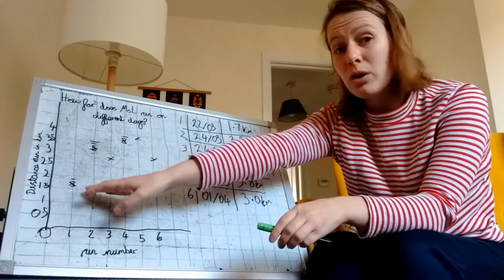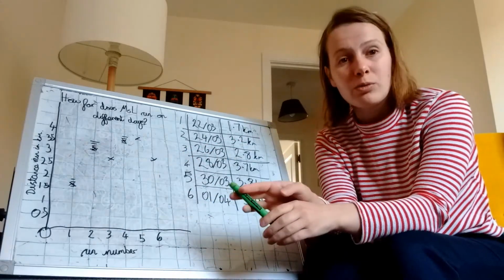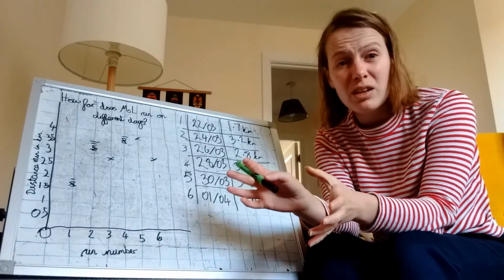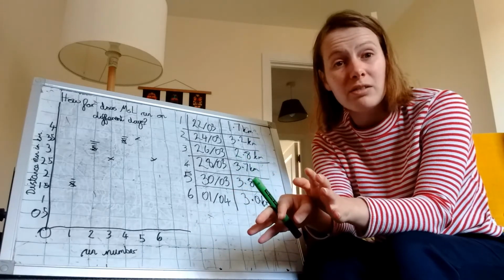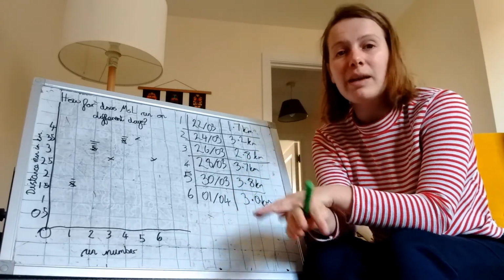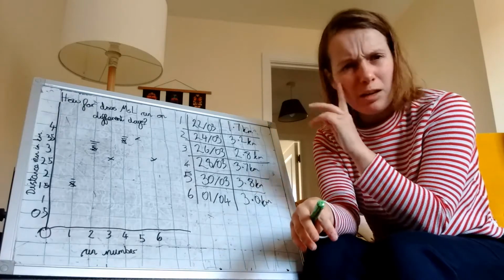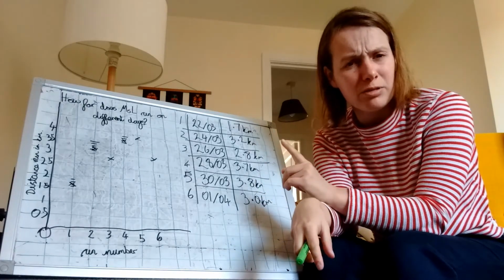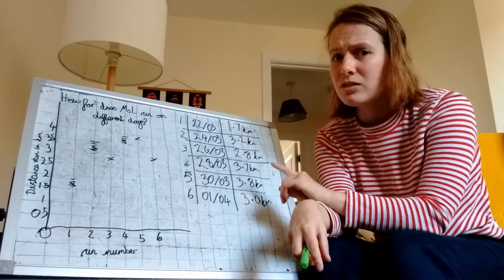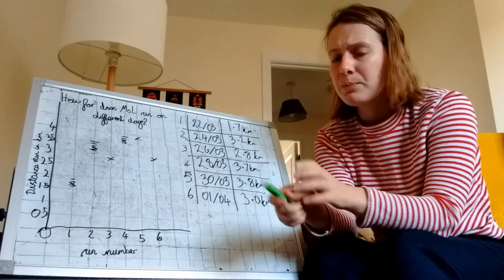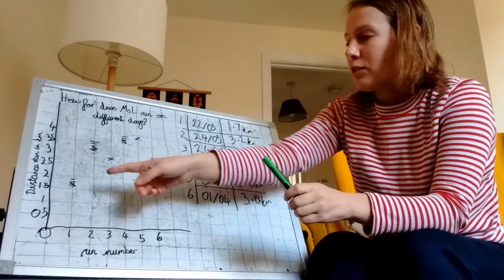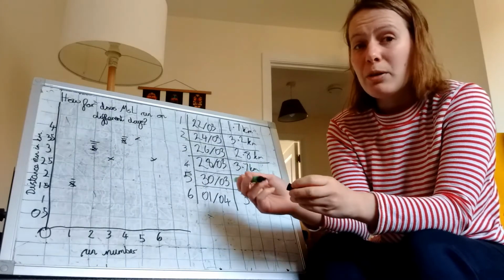I started with 1, so my line starts with 1. And that's okay, it doesn't matter that it's floating in the middle of the graph, it doesn't need to start at 0. For this, it makes sense to start at 1. Think about the real life situation that your graph represents and whether it makes sense to start at 0 or 1. Up to you. And then I connect them up, making sure that I don't miss any.